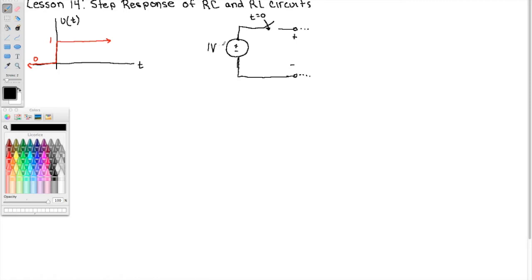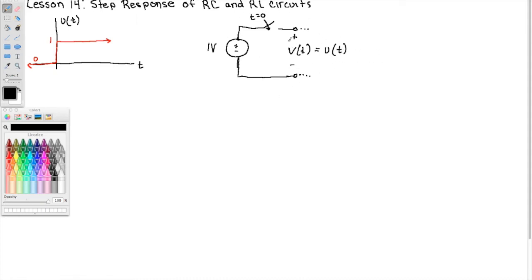We had 0 volts, and then at our reference point in time, t equals 0, now we have 1 volt. What does that remind you of? Yeah, the unit step. So the voltage here, call it V of t, is actually just the unit step.